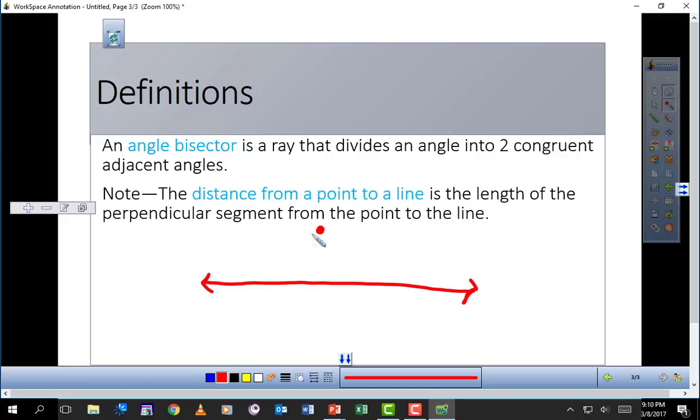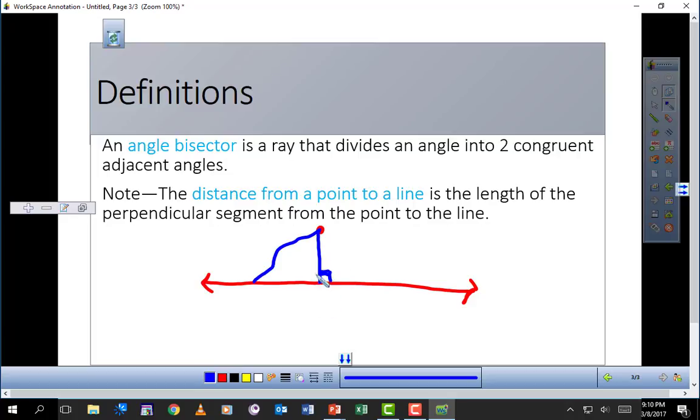What is the distance from this dot to the road? Well, which path would you take? Would you take this path over here? See, that's the distance? Well, no. We'd take the shortest path, right? And if we took the shortest path, we'd go like this. And when it hits this road here, it'd make a right angle, like that.